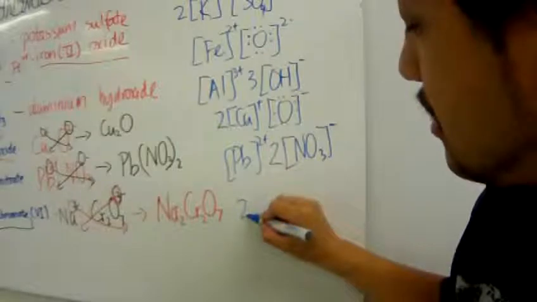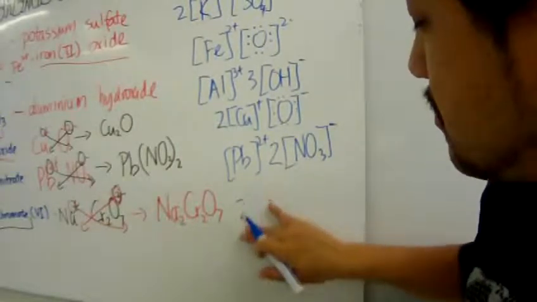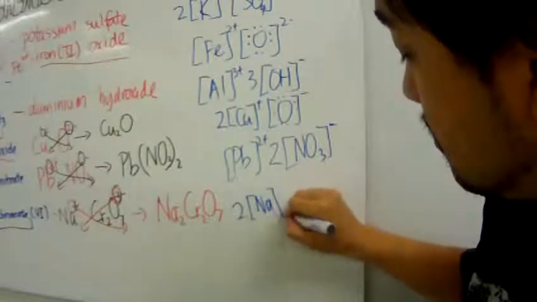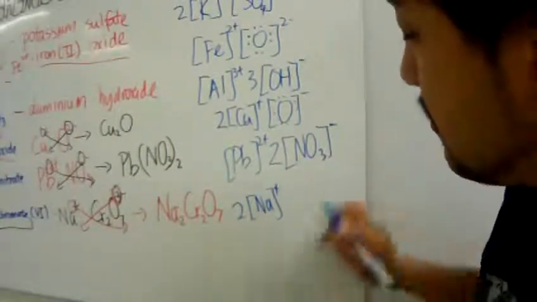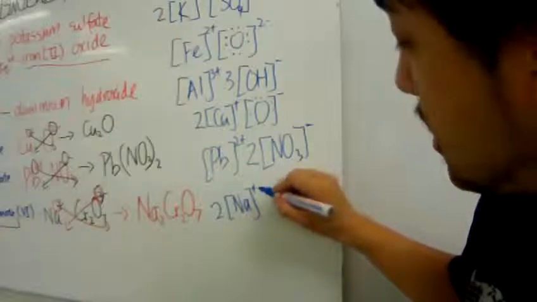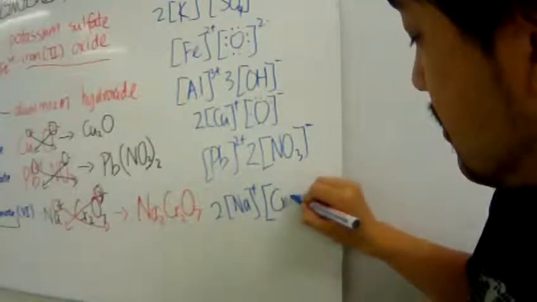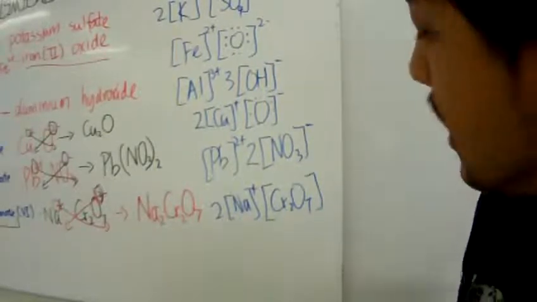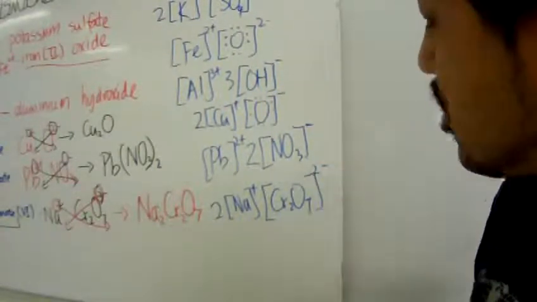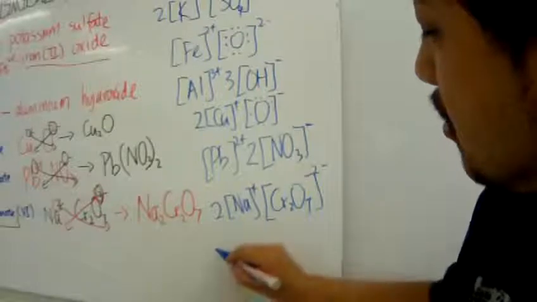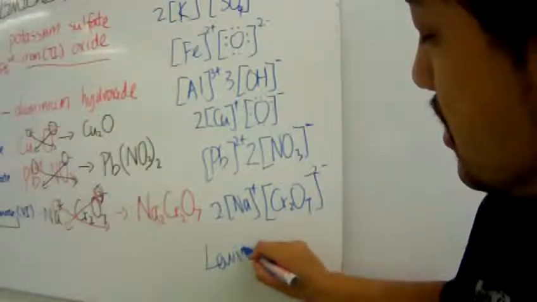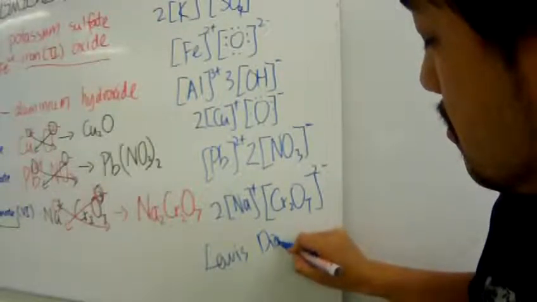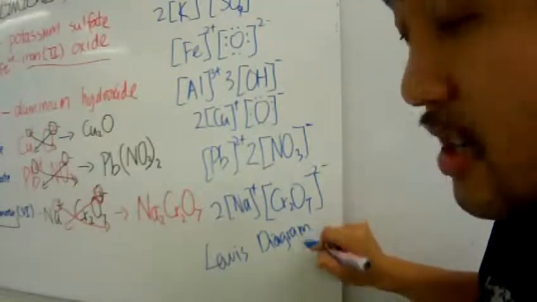How many sodiums do you got? 2 sodium ions, and we represent it like that. And 1 dichromate(VI). Dichromate has a 2 negative charge. And that's it. This is how you draw the Lewis diagram.